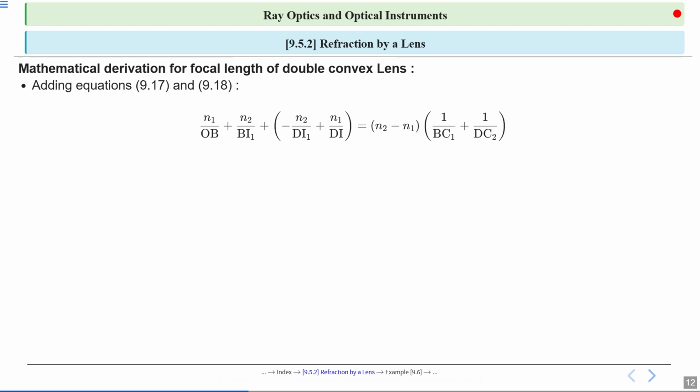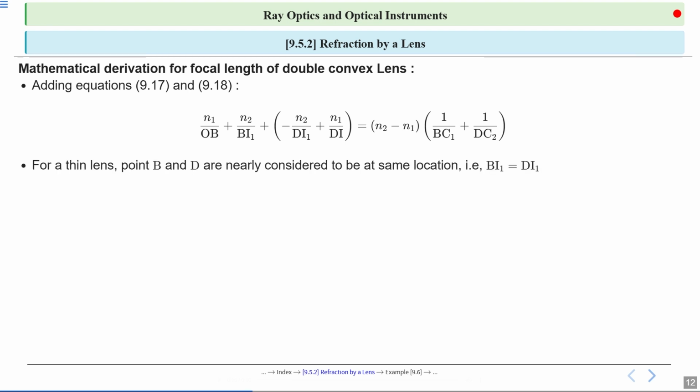Now we'll apply the thin lens approximation. For a thin lens, points B and D are nearly considered to be at the same location, as thickness is considered negligible. That means BI1 is nearly equal to DI1.